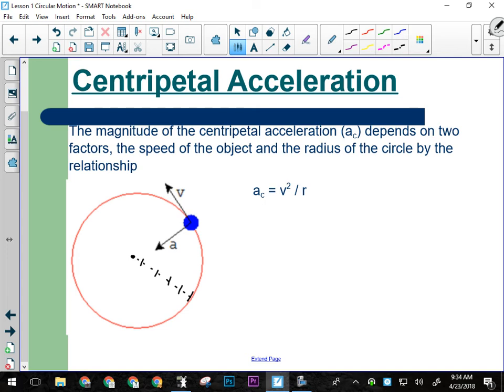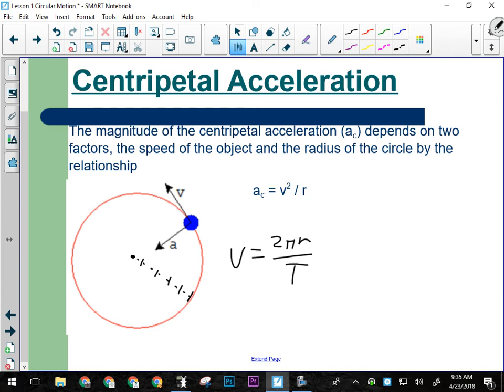But the further away I get, the farther I'm traveling in that same amount of time. So when we say that V is 2 pi r over t, we're saying that as radius gets bigger, speed gets bigger. But if speed stays the same and radius gets bigger, I actually feel less acceleration. This is why I would want to take a corner wider.